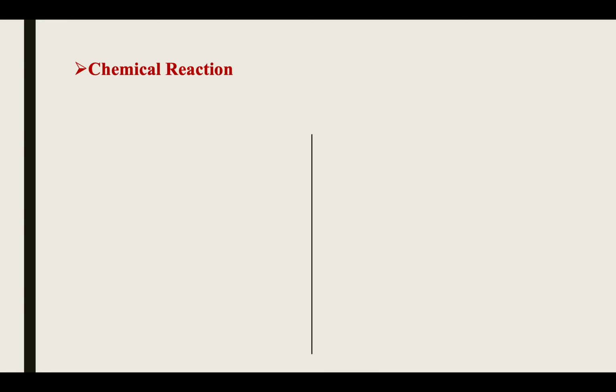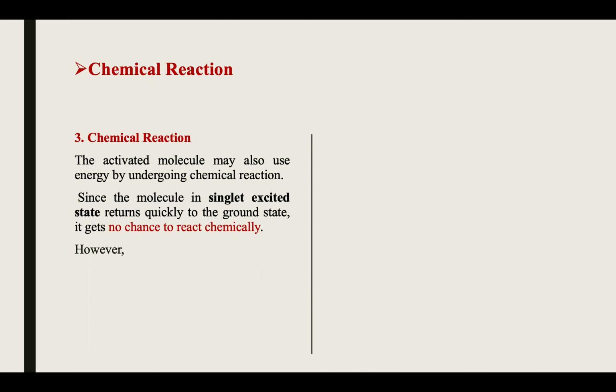Now we will see the photochemical reaction. The activated molecule may also use energy by undergoing a chemical reaction. Since the molecule in the singlet excited state returns quickly to the ground state, it gets no chance to react chemically.